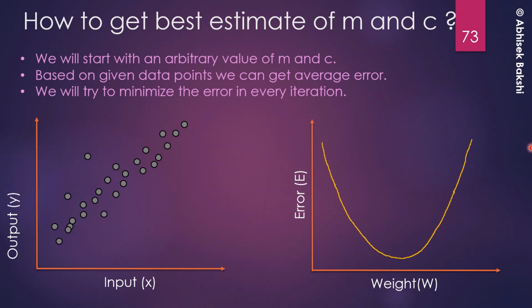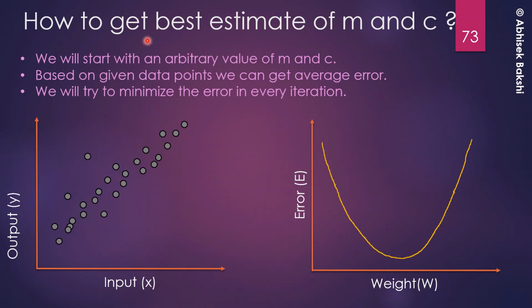If we have some arbitrary m and c, definitely we will get some straight line, right? If we have a straight line, we will get some average error for each and every point on the 2D plane. And as I told you, our intention will be to try to minimize the error in every iteration.